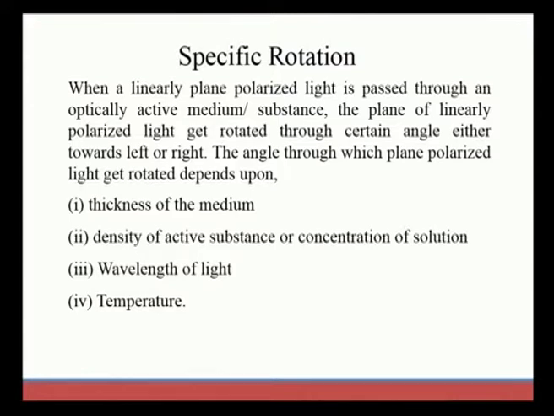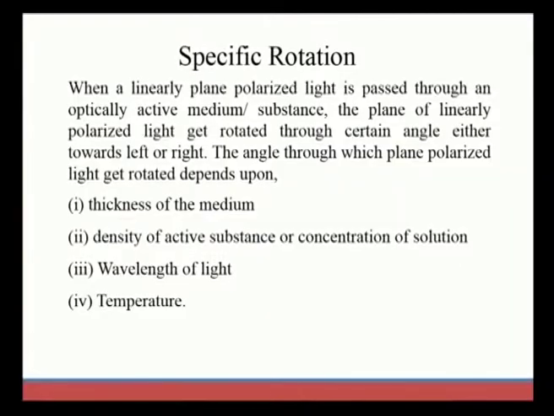That is optical activity. The angle through which plane polarized light gets rotated depends on certain factors, and this is called specific rotation. It depends on the thickness of the medium, the density of the active substance or concentration of the solution, and also on the wavelength of light and temperature.